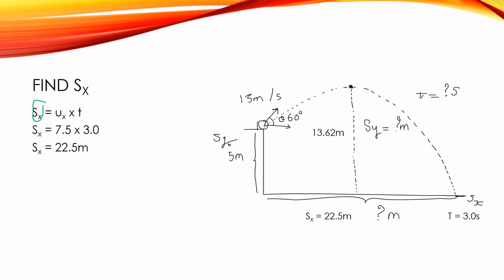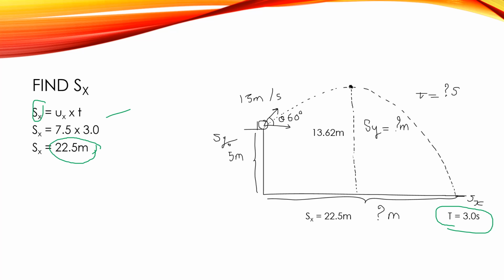s equal ux times t, and the time taken for it to drop back to the ground was found as t equals 3 seconds. So I just substitute this value in. ux was 7.5 times 3 seconds, so I have 22.5 meters.